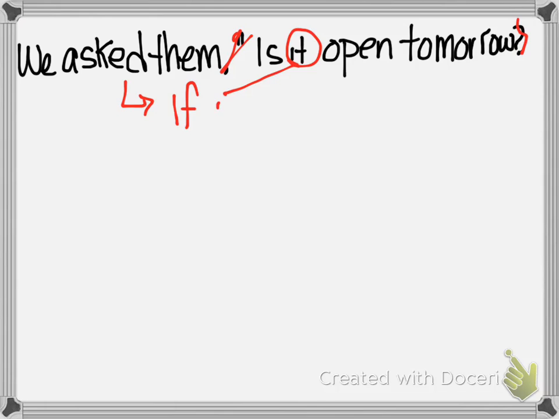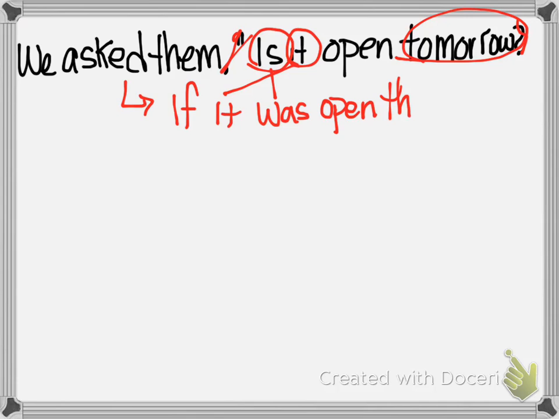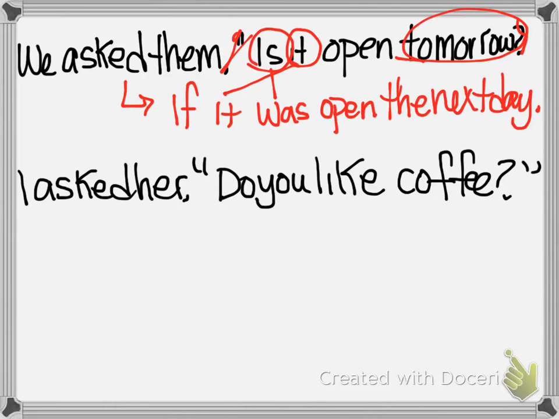It is going to move to the front. It is going to change to was open, and tomorrow is going to change to the next day. Period. We asked them if it was open the next day. Let's look at this next example.